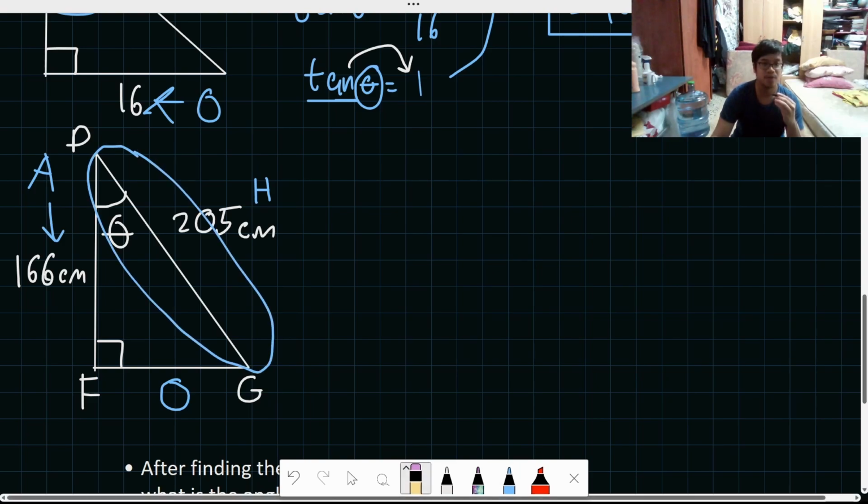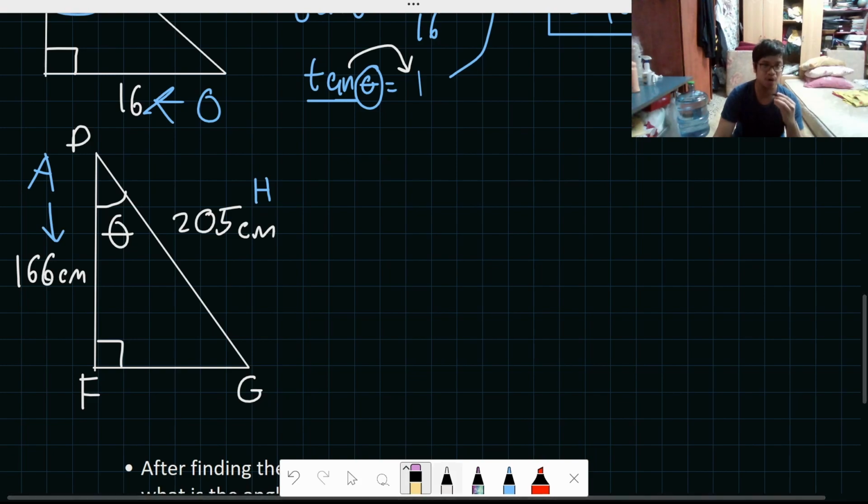Now, the first step is to know the parts of the right triangle, right? So we have adjacent, opposite, hypotenuse. If you take a look closely, we only have adjacent and hypotenuse. So that leads us to the second step: find at least one trigonometric ratio that has adjacent and hypotenuse.